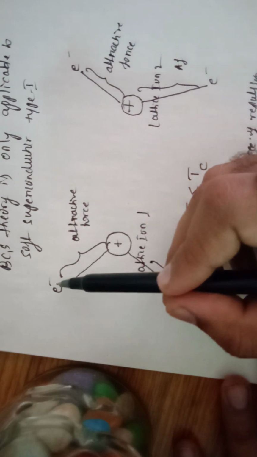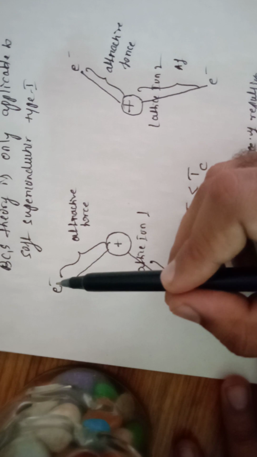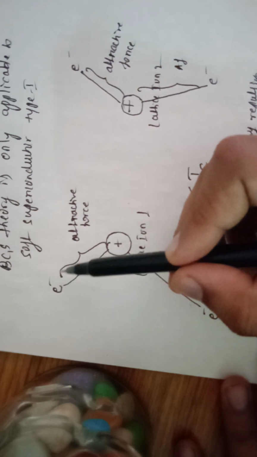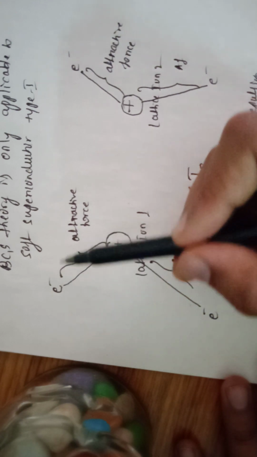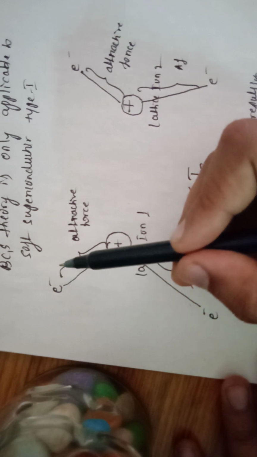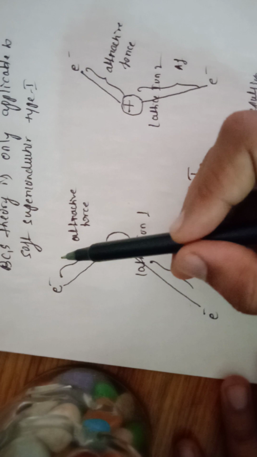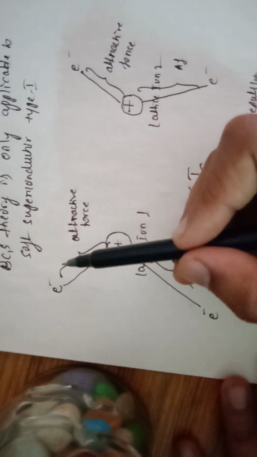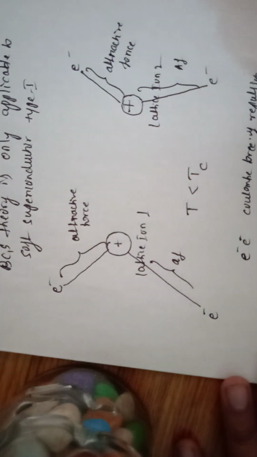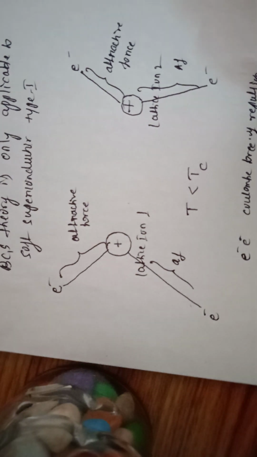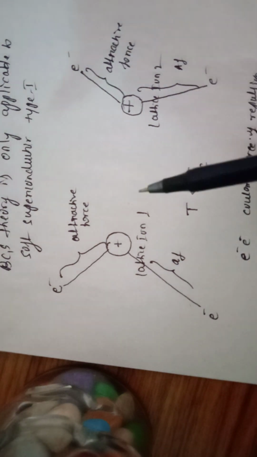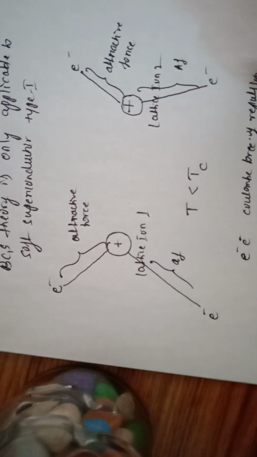So here the spin is going to be zero, or according to Bose-Einstein statistics or Bose-Einstein distribution functions, bosons have integral spins, that is 0, 1, 2, 3, and so on. Whereas fermions, according to the Fermi-Dirac distribution functions, have half integral spins.